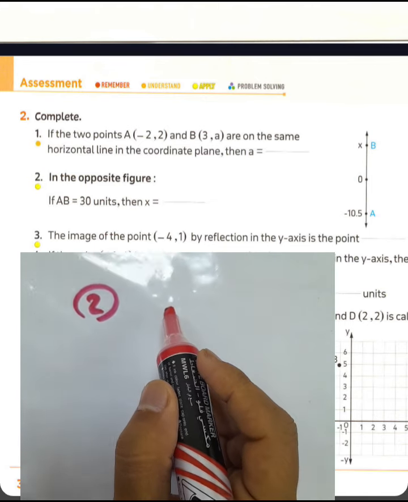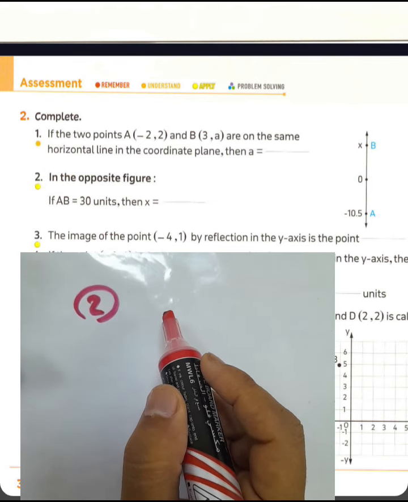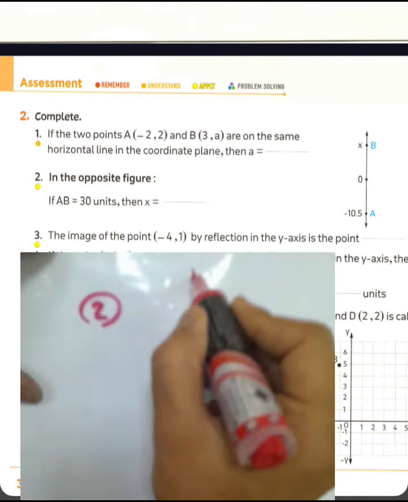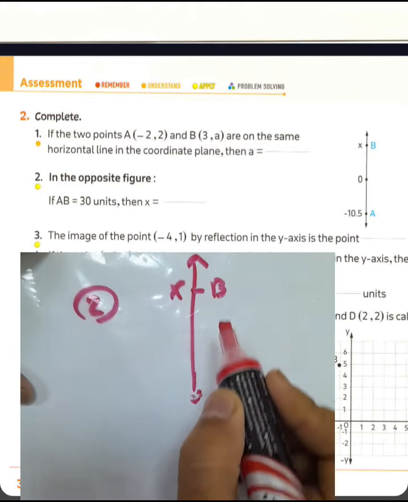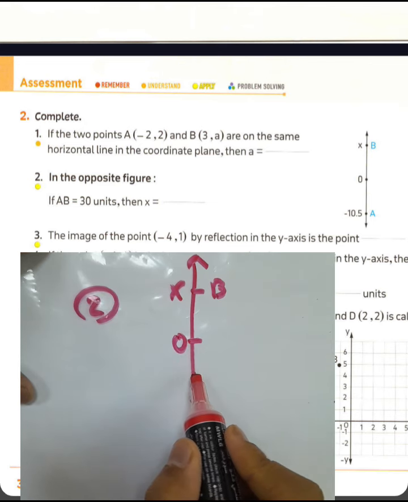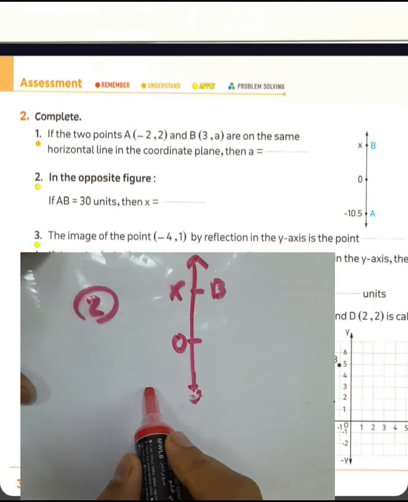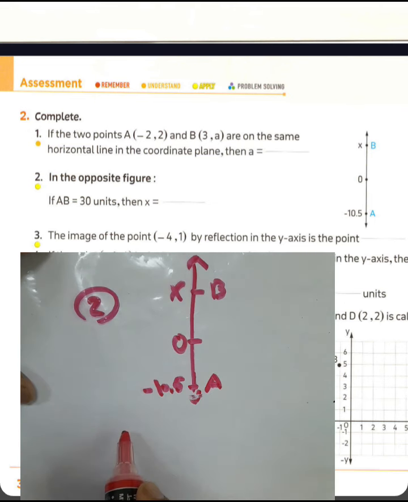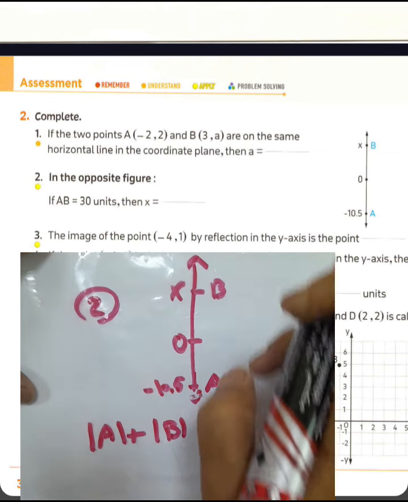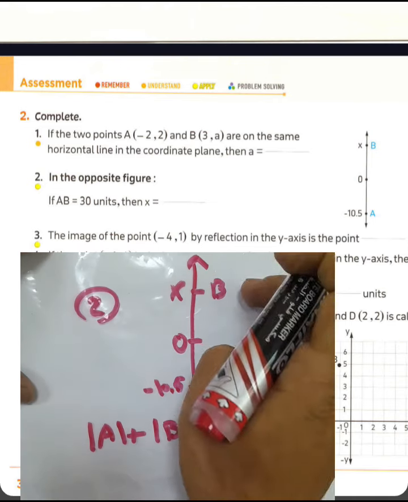Question number 2. In the opposite figure, if the distance between E and B is 30 units, then x equals what? We have point x here and 0, and this point was negative 10.5. It was point E. The distance between E and B means the absolute value of E plus the absolute value of B, because one is up and one is down.